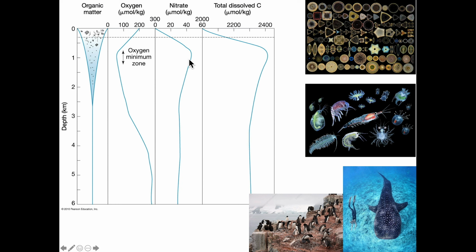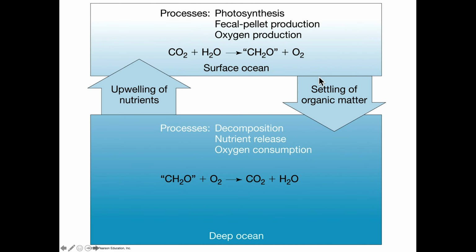So carbon reaches its maximum where oxygen reaches its minimum. Nitrate reaches its maximum there as well, and it's all because we're breaking down this organic matter and setting the nutrients free. By the way, if you have a neighbor that organizes microscopic skeletons into these kind of displays, you might want some security cameras.